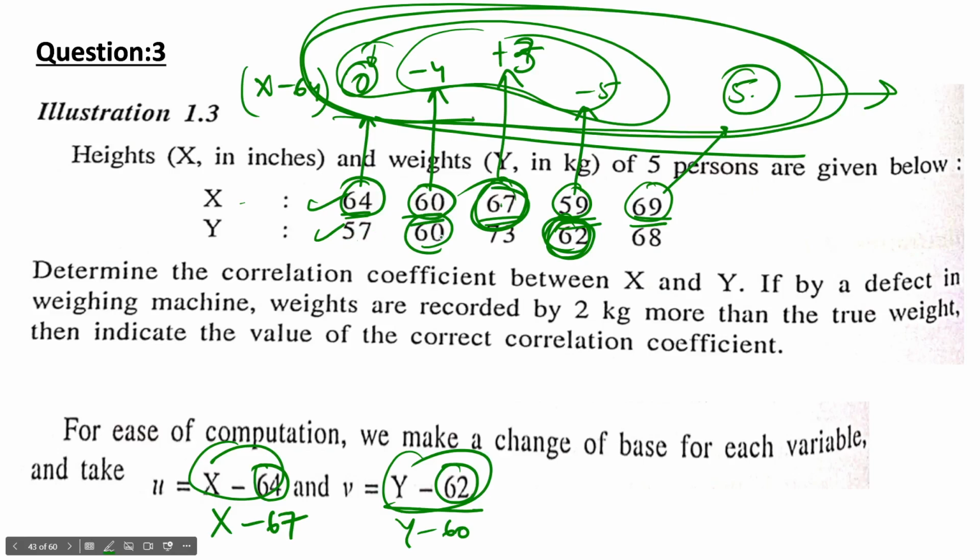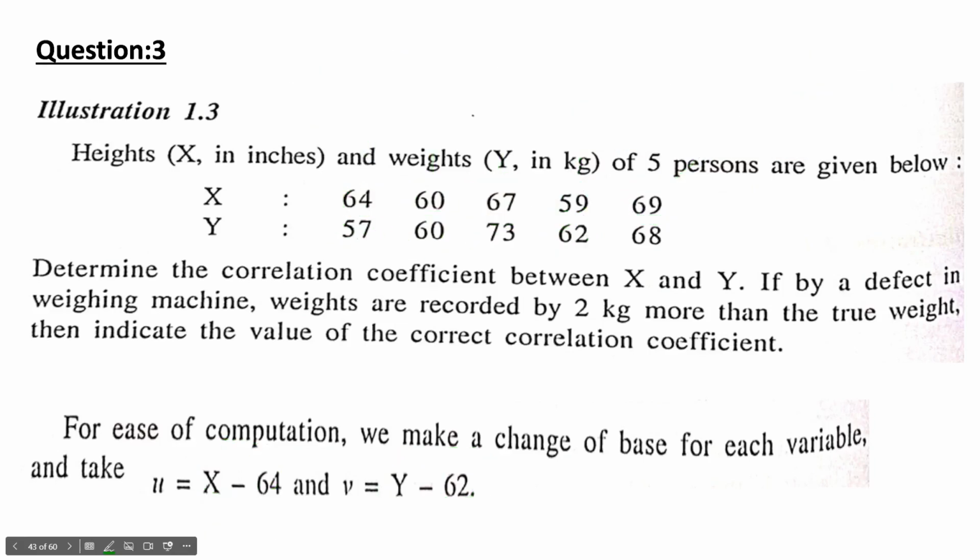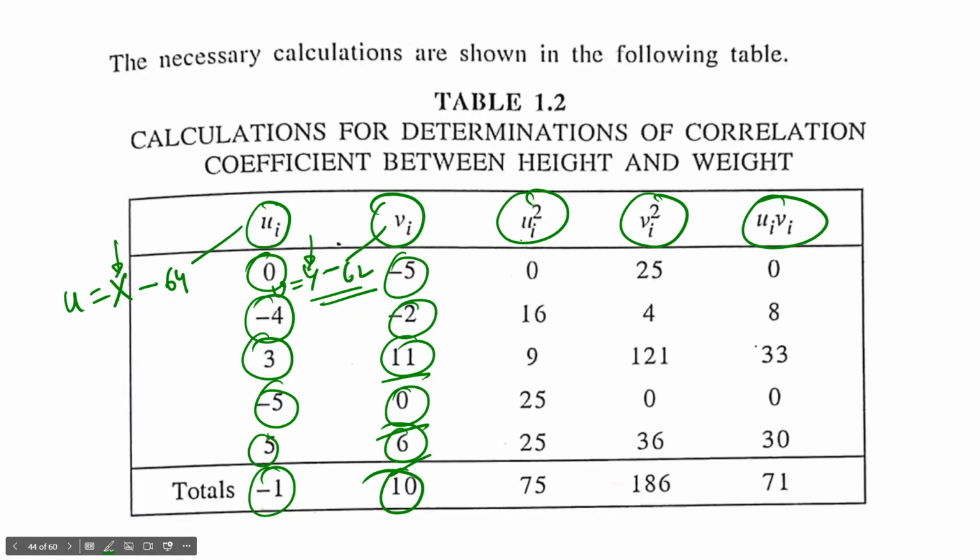Here you can see the digits are mostly 1 digit. So the calculation of u square and v square will be easier.